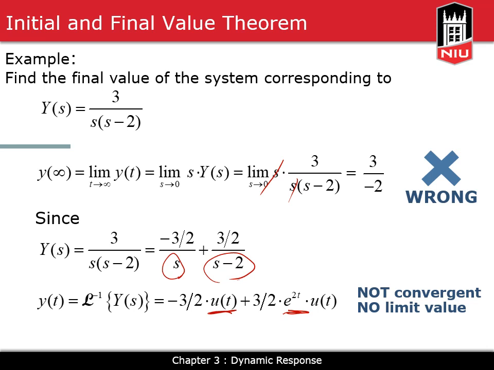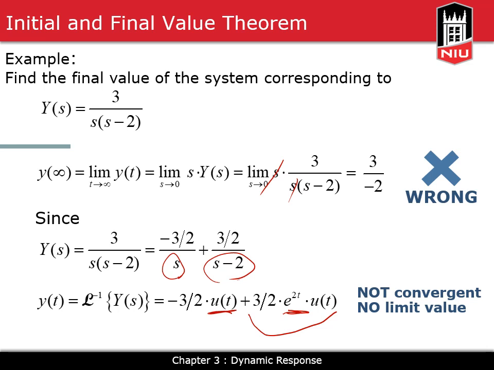Now, paying attention to the second part of this function in the time domain, we will see that there is an e to the 2t term showing up in the time function. E to the 2t will increase with time, and it will never stop increasing.